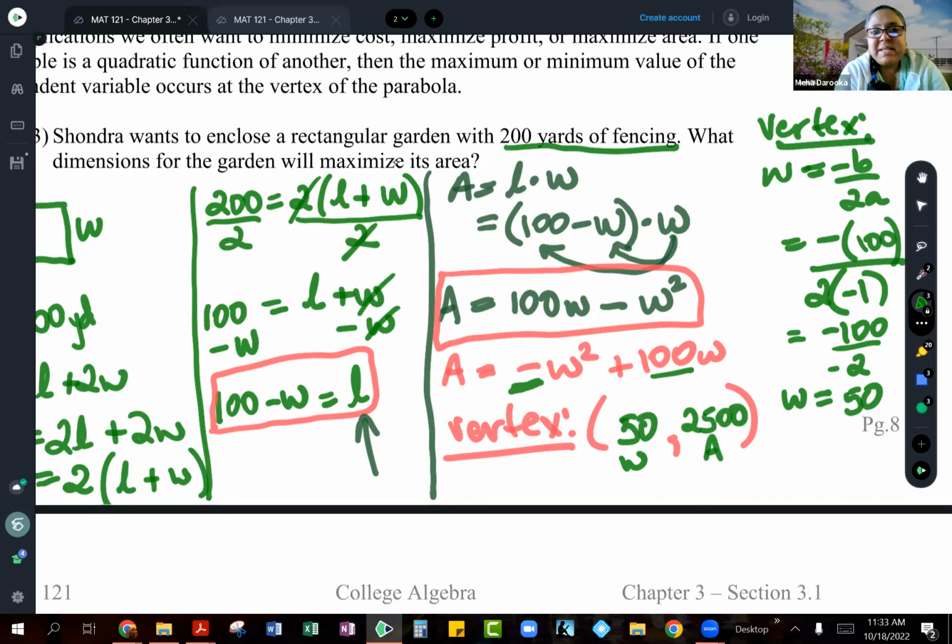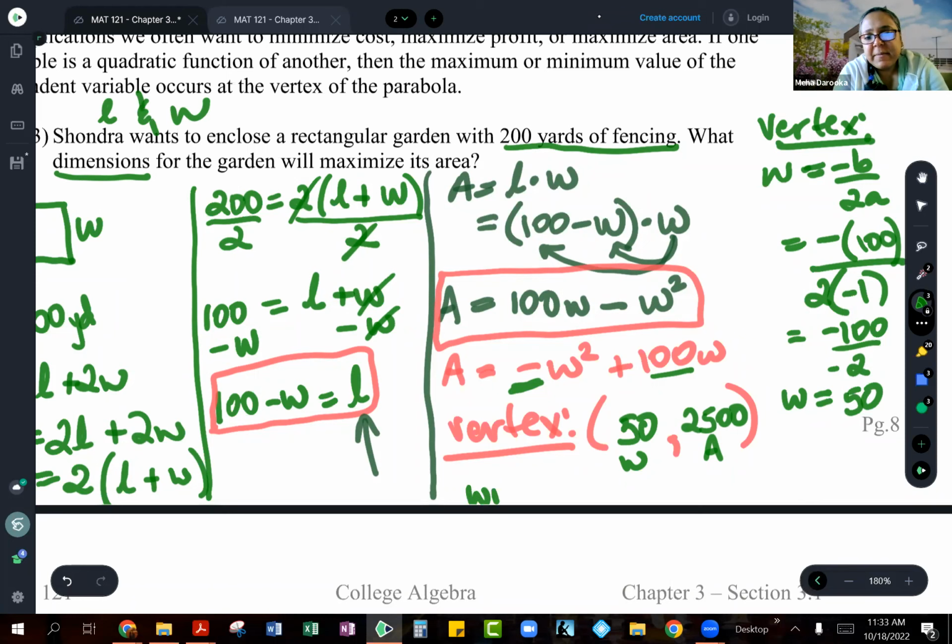But the question is actually asking you what are the dimensions, which means they are actually asking you what is the length and the width. So of course we know the width is going to be 50 yards. What is the length going to be in this case, guys?